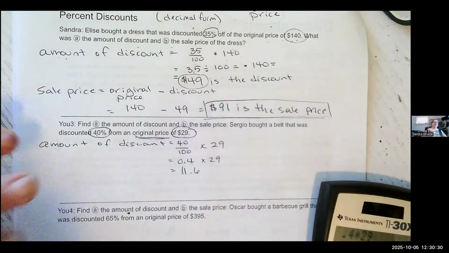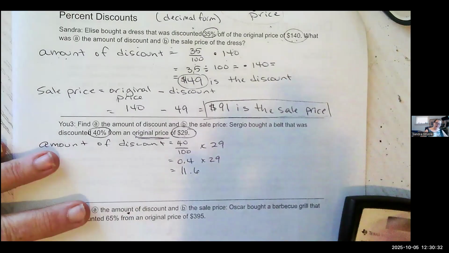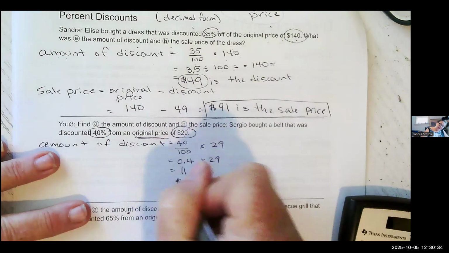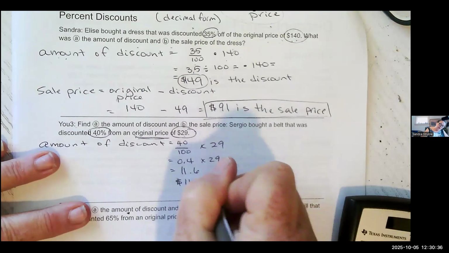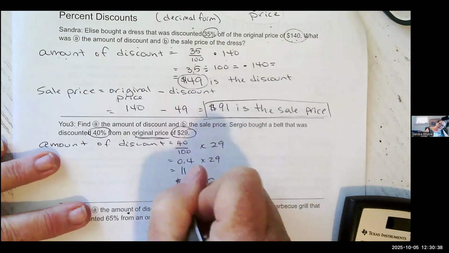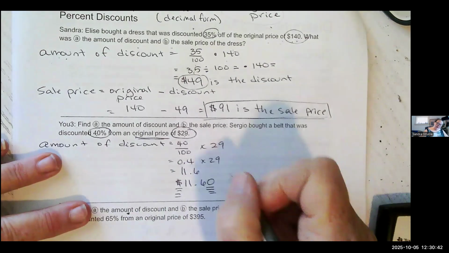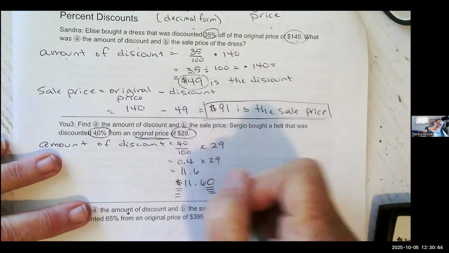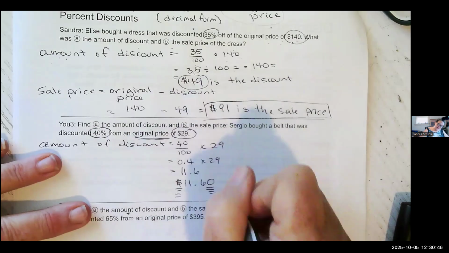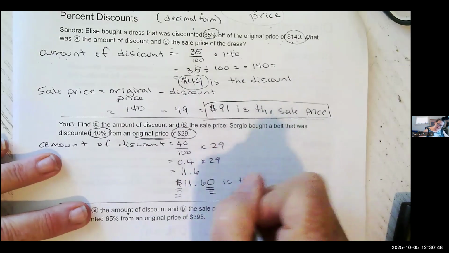Now, you cannot write it like this. I will have a conniption. You need to put a dollar sign and you need to go all the way 2 decimal places to the right. Okay, that's how American money is said. So this is the discount.